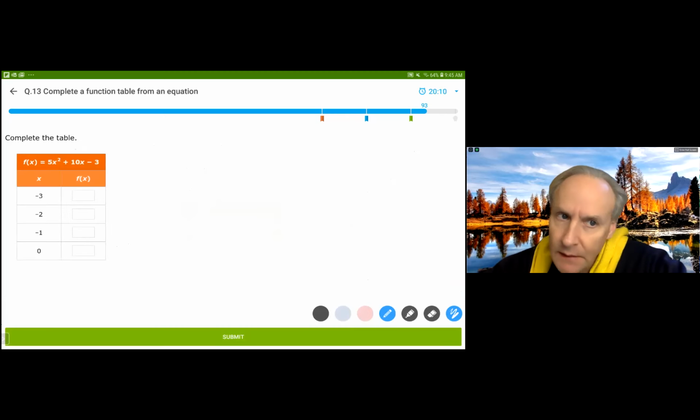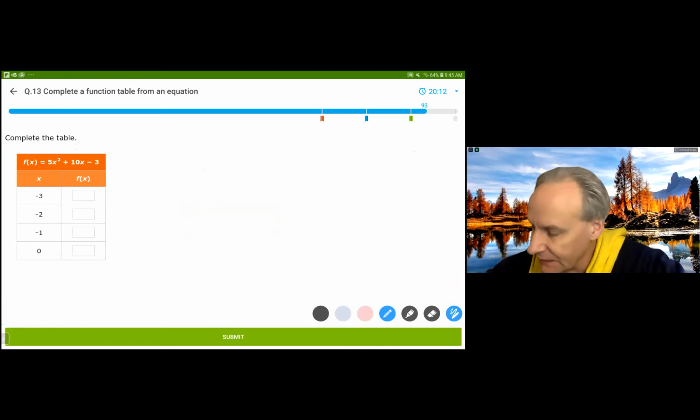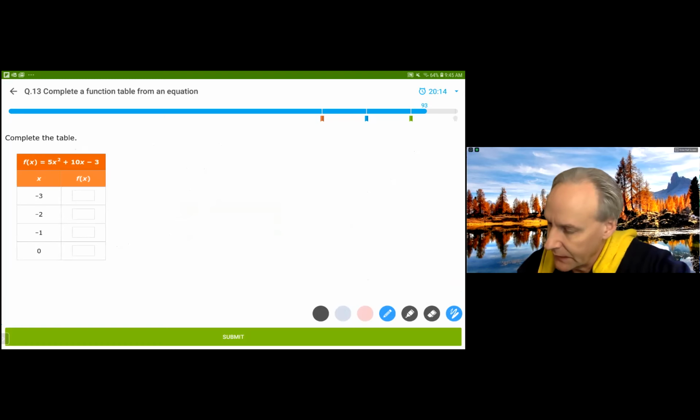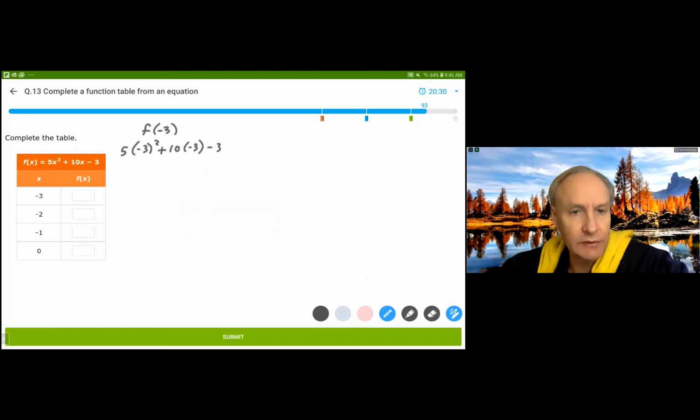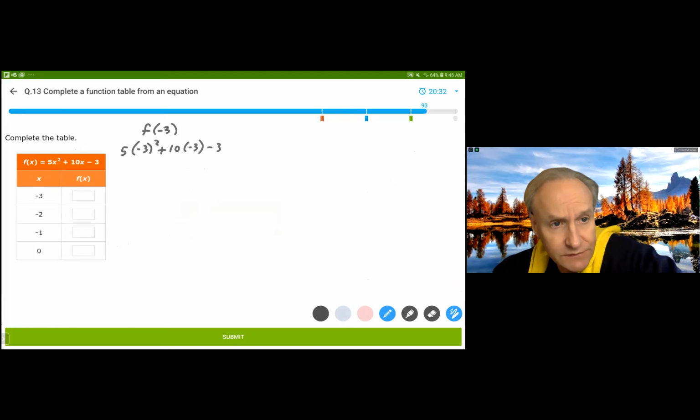This one, boy, I just do not see a nice way of doing this, so I'm going to go ahead and do it like this, f of negative 3. I'm going to write it down below. I'm going to say 5 times negative 3 squared plus 10, I'm going to be careful, times negative 3 minus 3. Now, some people are going to want to put this in their calculator, which is fine.